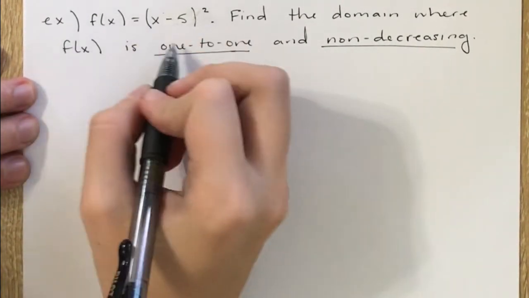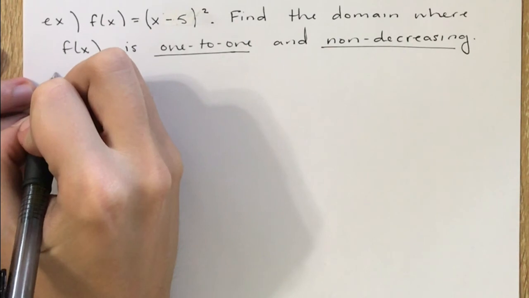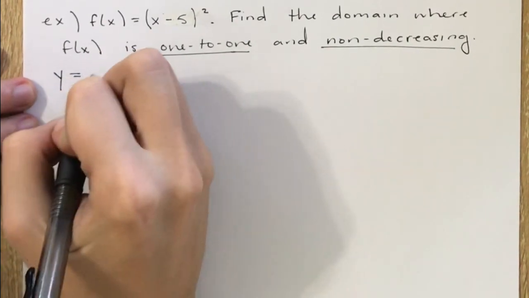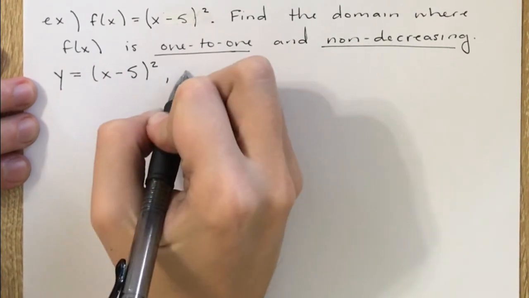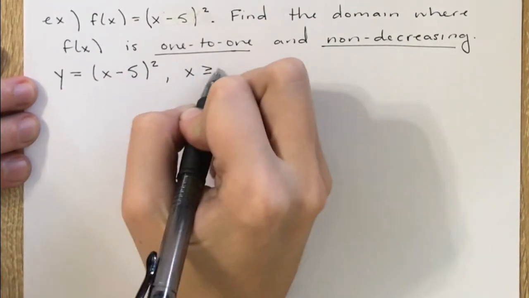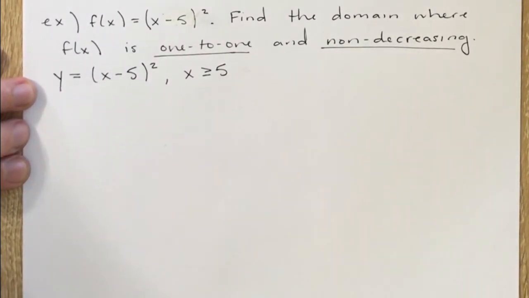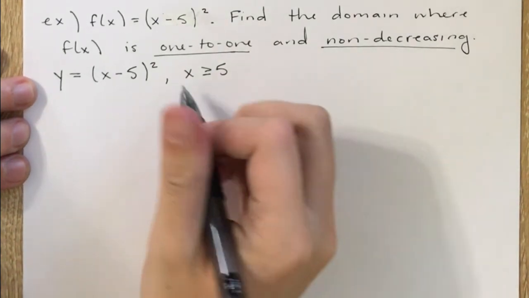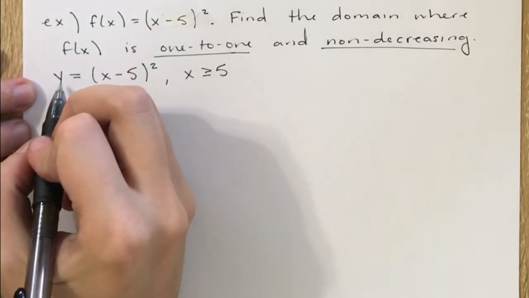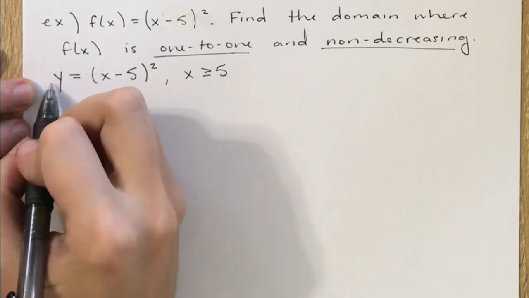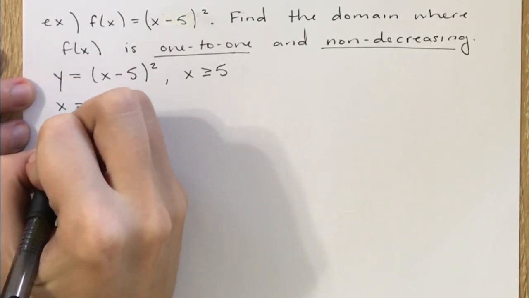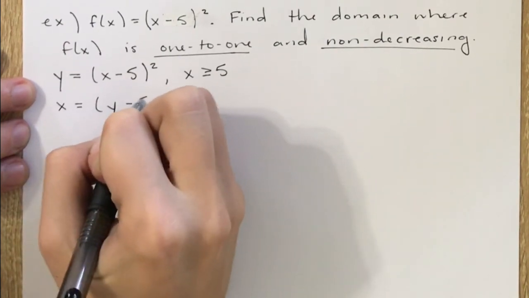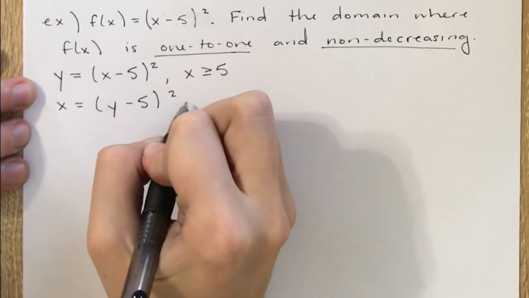So let's go ahead and start finding the inverse. Our function here is y equals x minus 5 squared with x being greater than or equal to 5. So we want to swap the input and output values. So we have x equals y minus 5 squared.